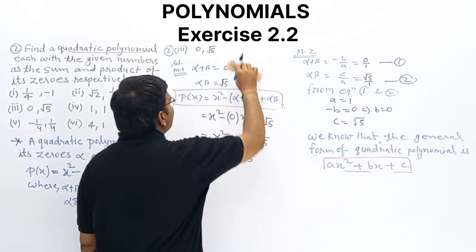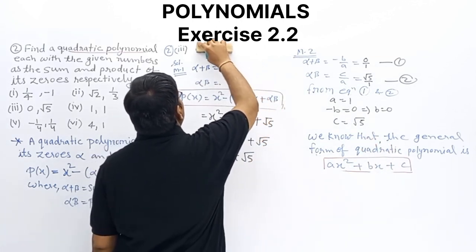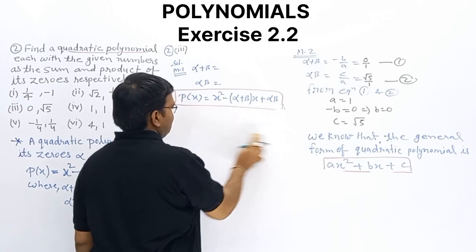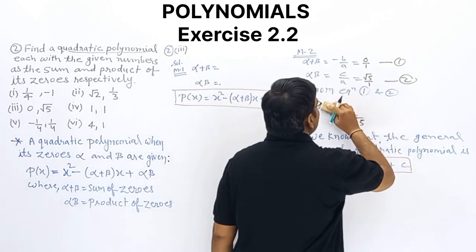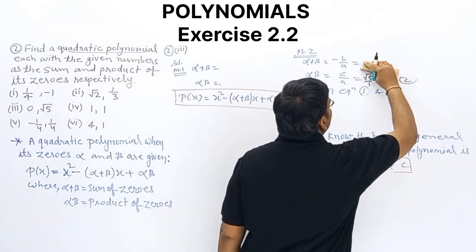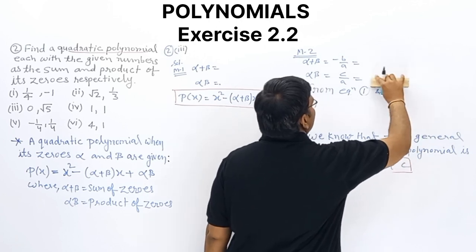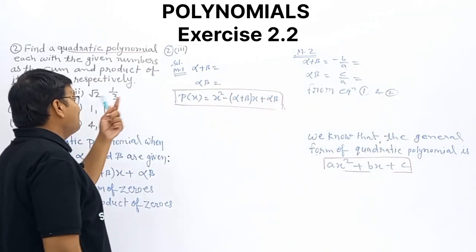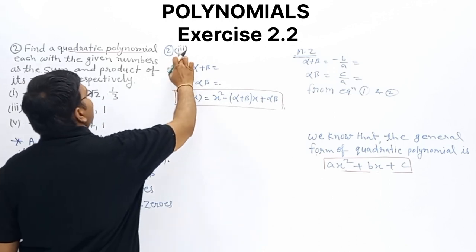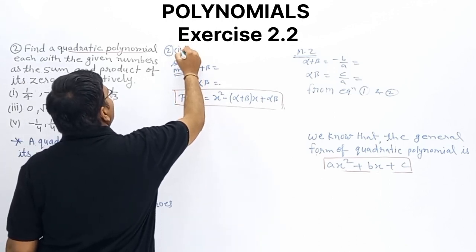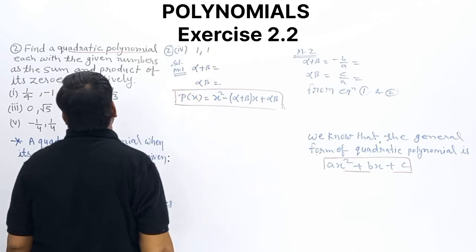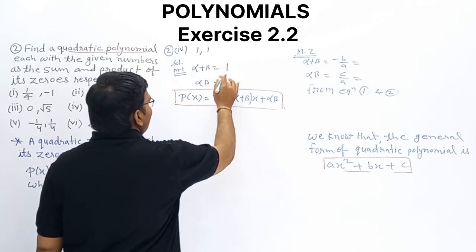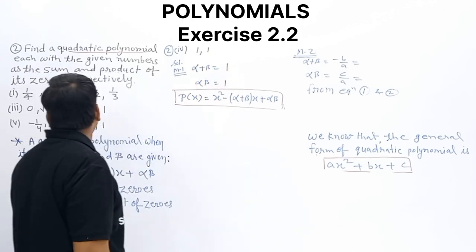Now I am taking the next one, question number 4. Again we will follow the same methods, use the same technique to solve these questions. What is question number 4? Sum of the zeros is 1, product of the zeros is 1.